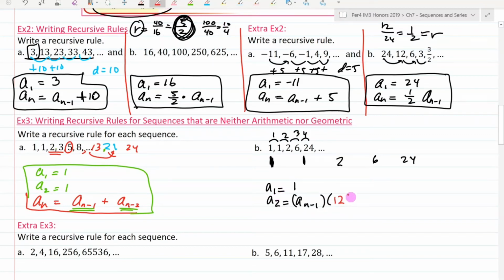We can't just change the formula, and you'll see what I'm talking about. Then a3, the third term, is equal to the previous term. So this is times 1. This one's times 2.